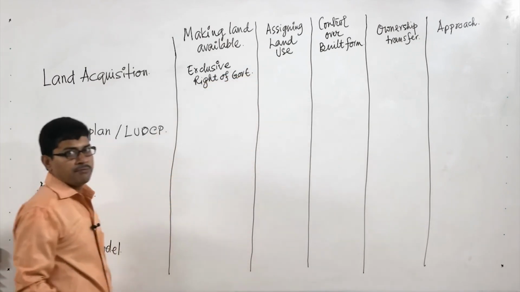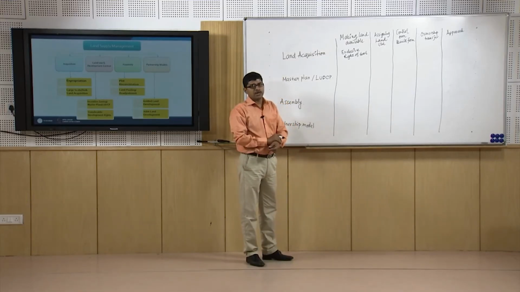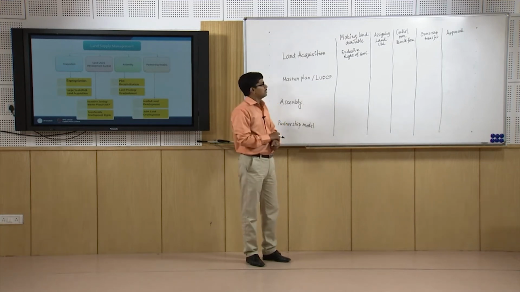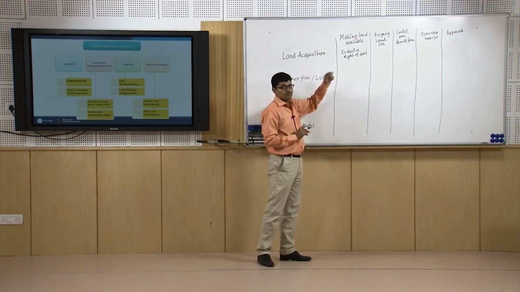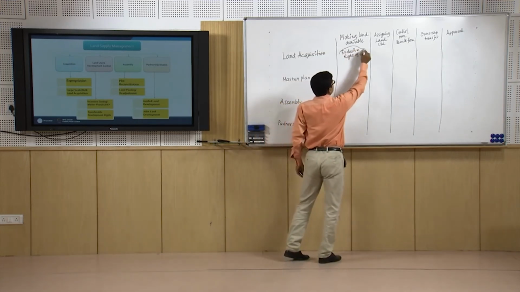We told that under the Land Acquisition Act, the government has eminent domain, which is nothing but the right and authority of acquiring any piece of land. So, using that eminent domain, which is nothing but the exclusive right, they acquire the land. So, here it is exclusively owned by them.